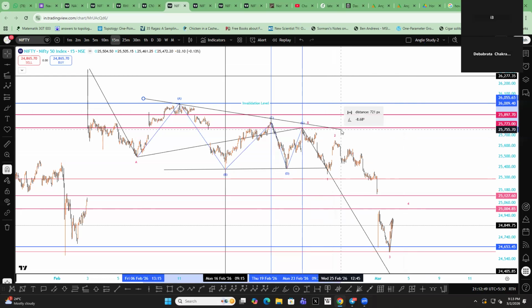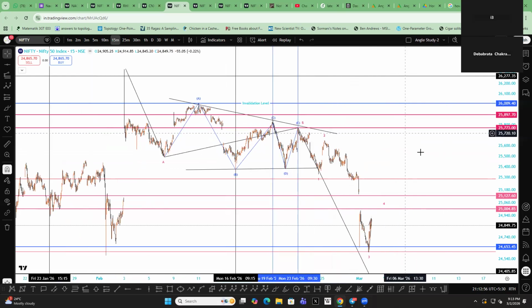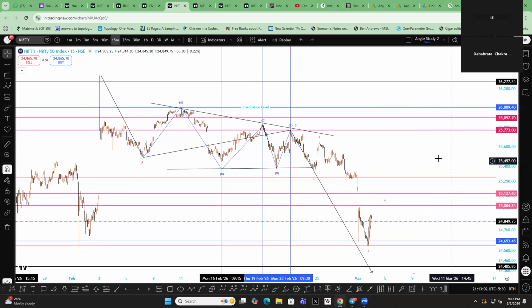And for that, what we have to consider, right? So here, see, we expected this fall towards this area.